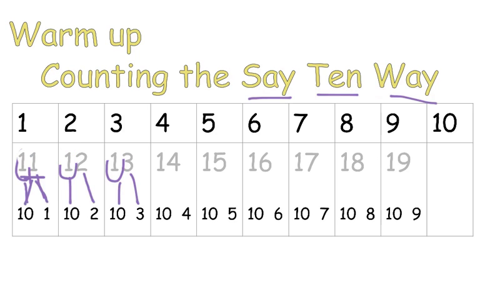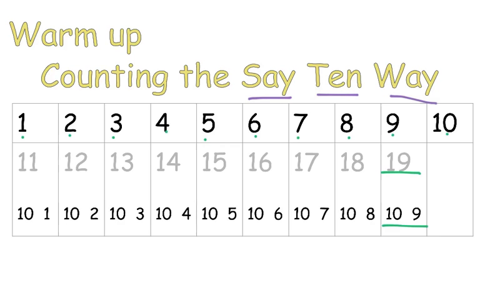So let's practice. So we'll start at 1 and we'll go all the way to 19 or 10, 9. So let's count together. We have 1, 2, 3, 4, 5, 6, 7, 8, 9, 10.